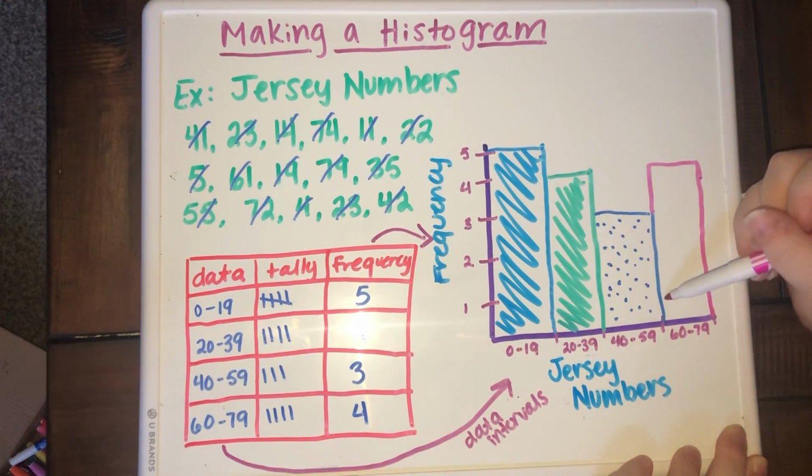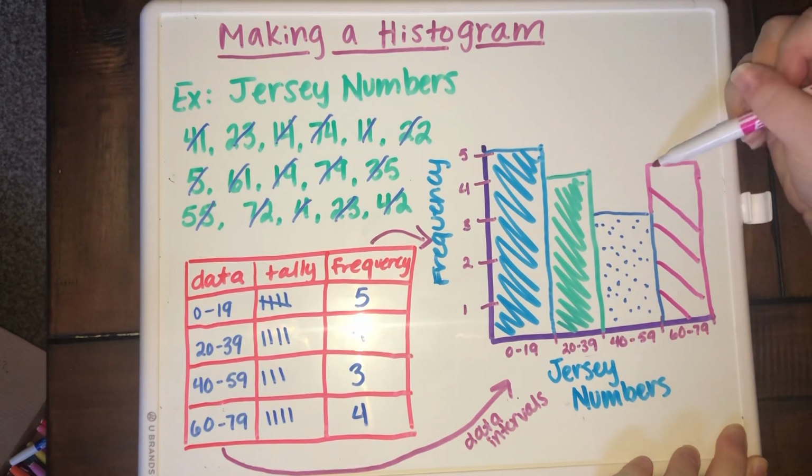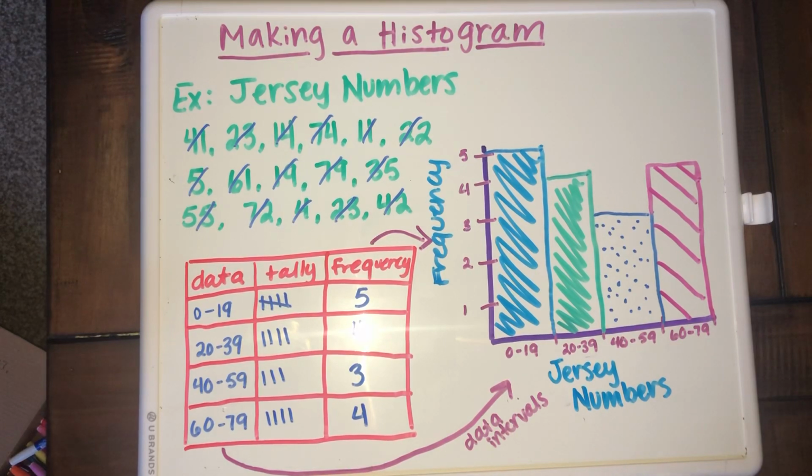And then I'll do stripes on this one. You don't have to color yours in at all, okay? I want to make sure that point is very clear. You don't have to color yours in, but you do have to make sure that those lines are very clean. I want to know exactly that from 60 to 79, there are 4 jerseys with those numbers on them.